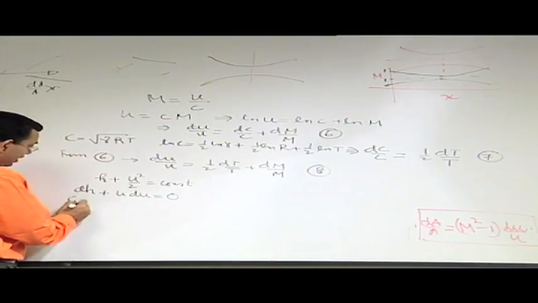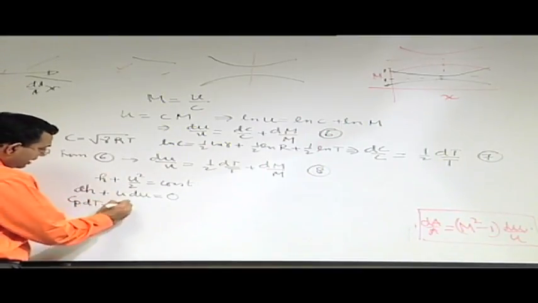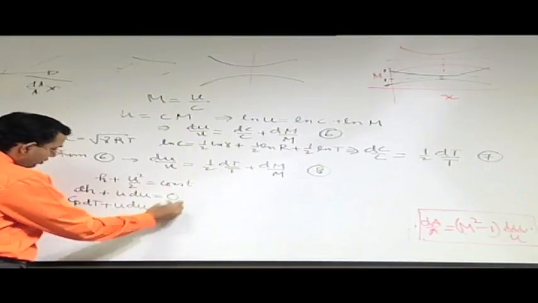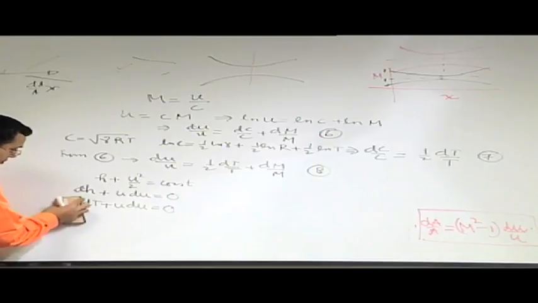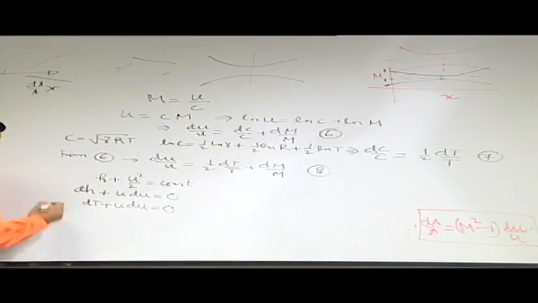And for a perfect gas this is Cp dT plus u du equal to 0. In place of Cp we can write gamma R by gamma minus 1.